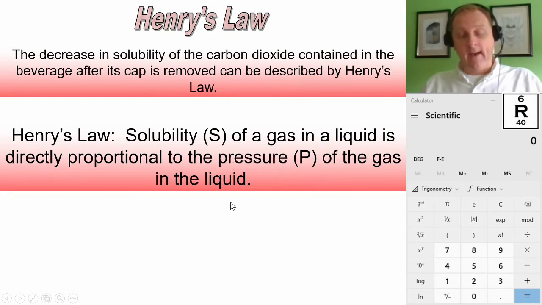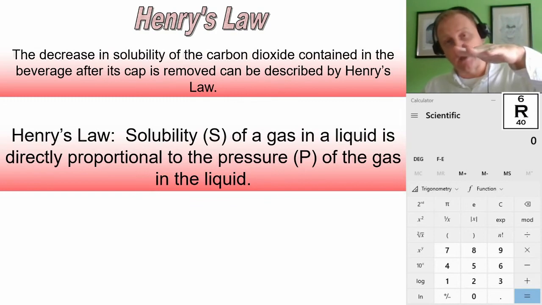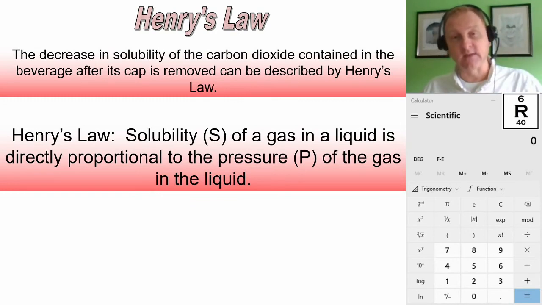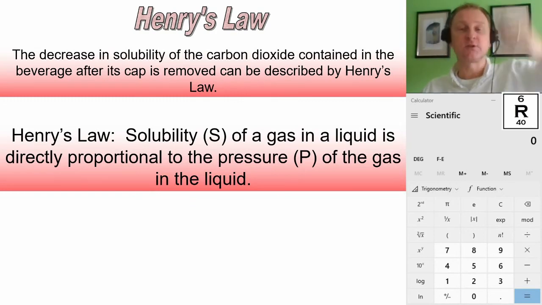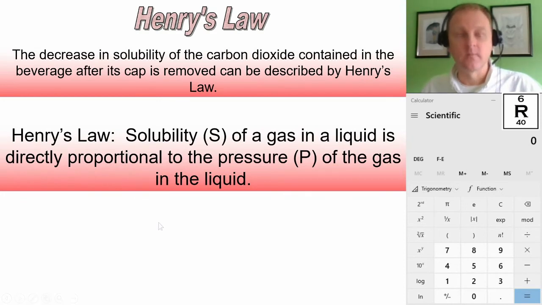So how much gas you can dissolve in it is proportional to the pressure on there. So the more pressure on the solution, the more gas in the solution. The less pressure on the solution, the less gas in the solution, the more it's going to come out. So that's Henry's law.